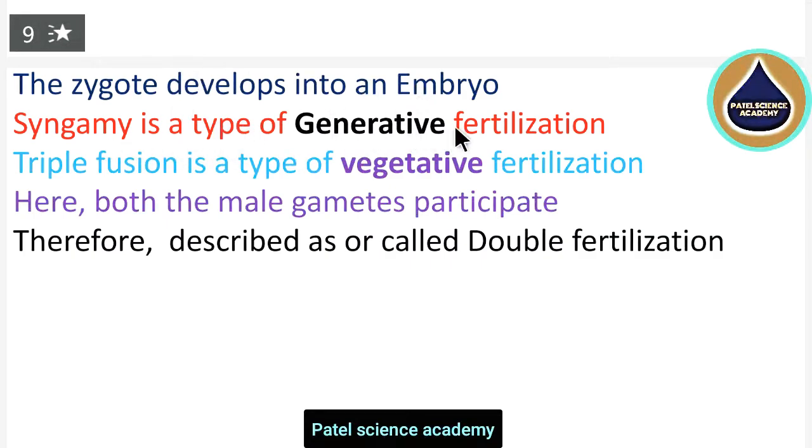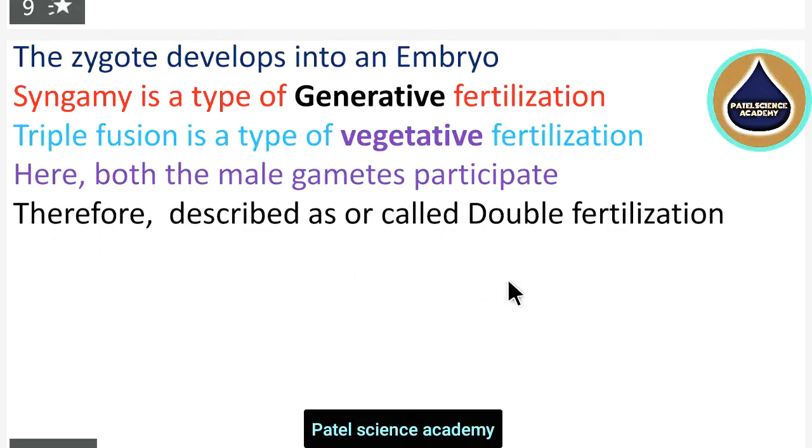Syngamy is a type of generative fertilization, and triple fusion is a type of vegetative fertilization. Here, both the male gametes participate. Hence, these processes are described as double fertilization.